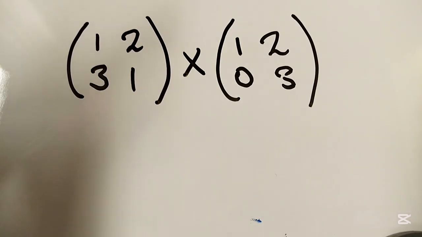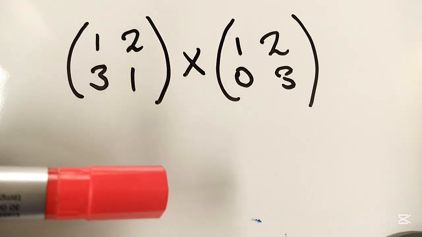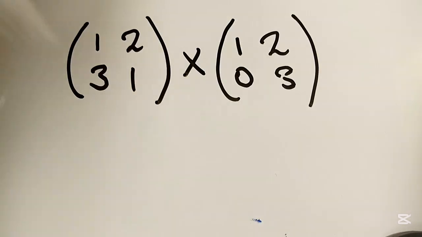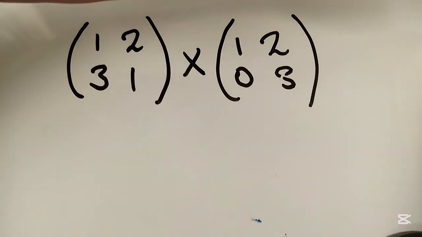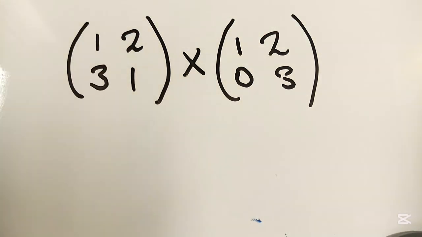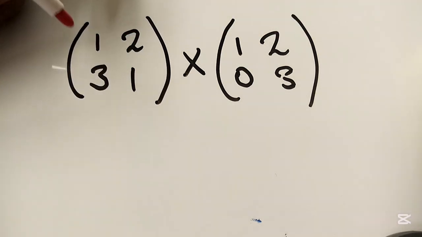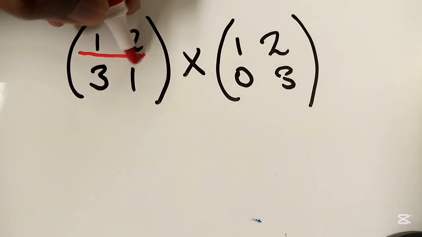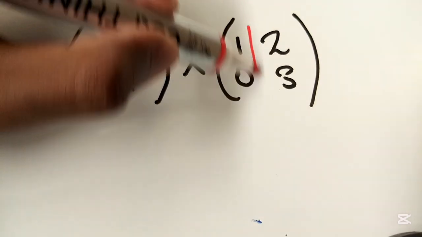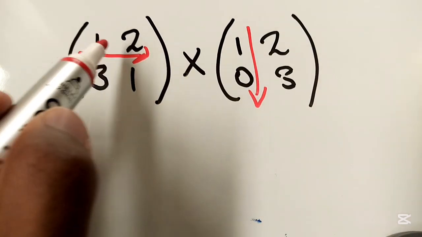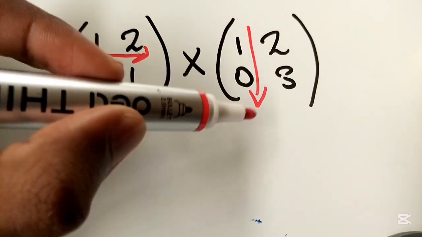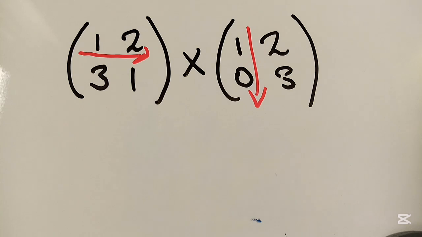No. When multiplying, we multiply row by column. Remember, these are the rows and these are the columns. So we're going to multiply this row by this column in this fashion.